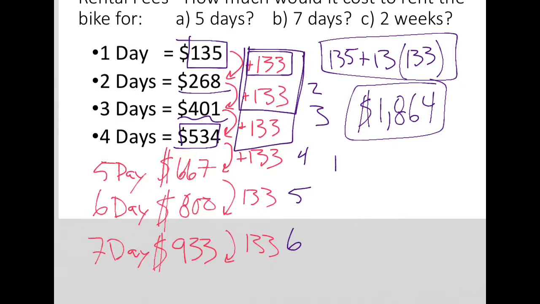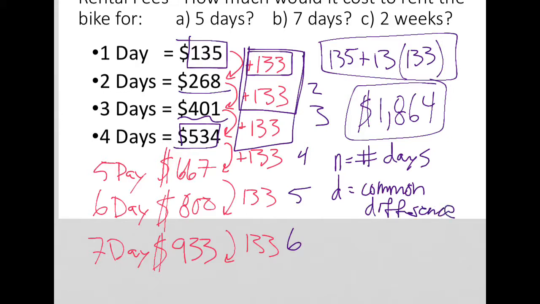Now what I'm going to do is let n represent the number of days. I'm going to let d represent the $133 additional cost each time. We can call that the common difference between each day.